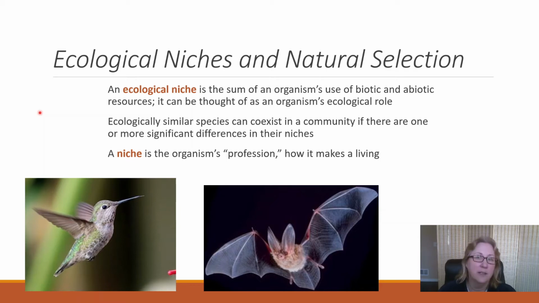Is it a shade plant? Whatever its mode of going about in the world, or its profession, that's its niche. How does it make a living? How does it survive? How does it get energy? That's an organism's niche. And two different species that occupy the same ecological niche are going to compete with each other.